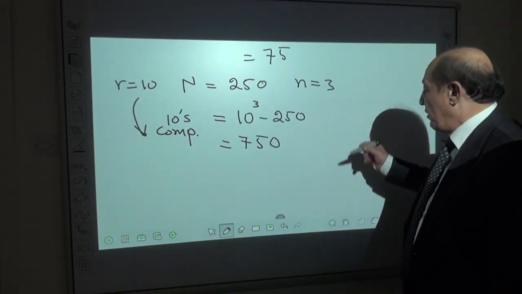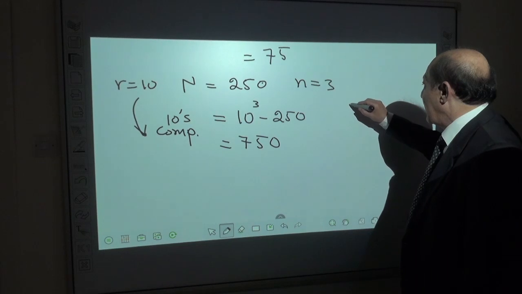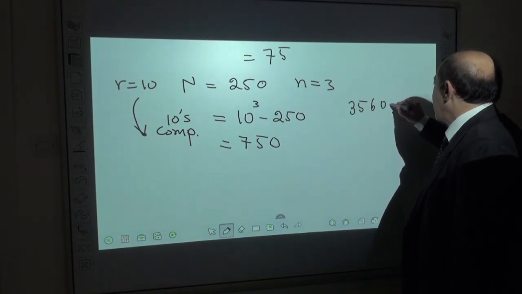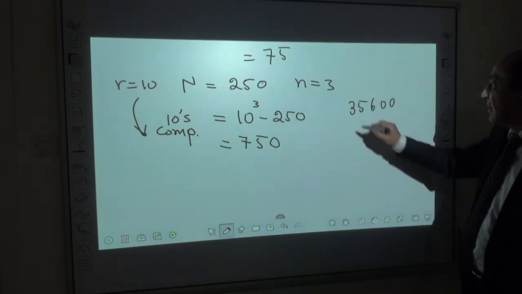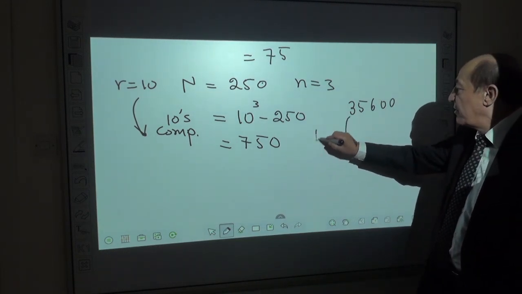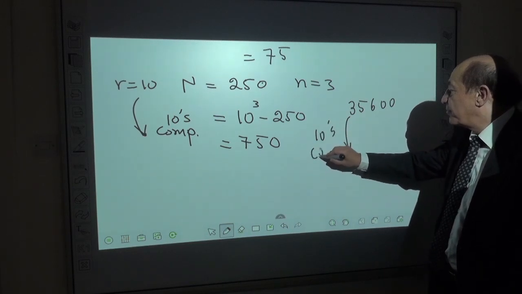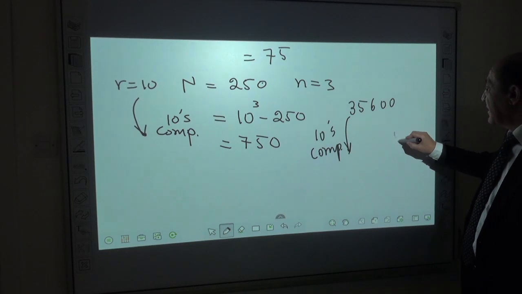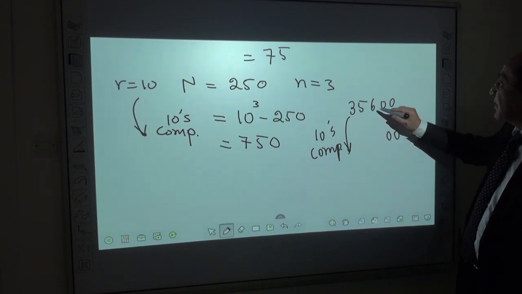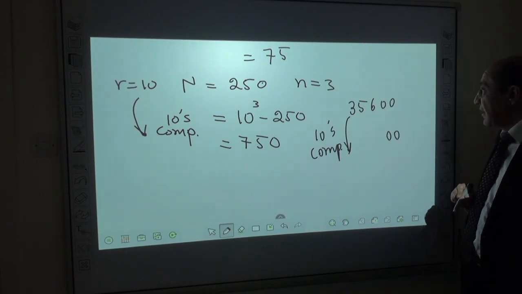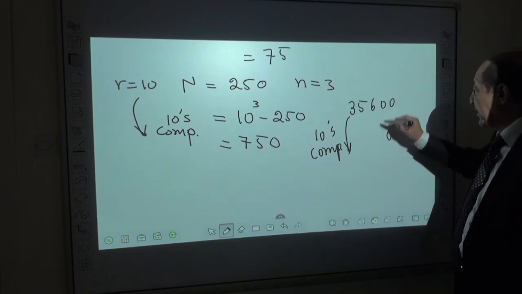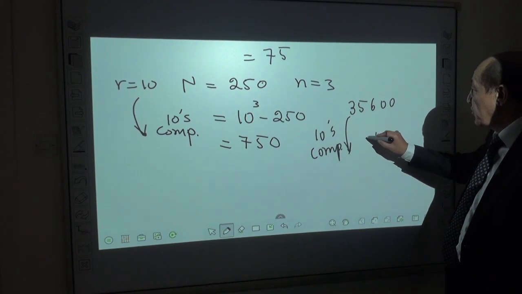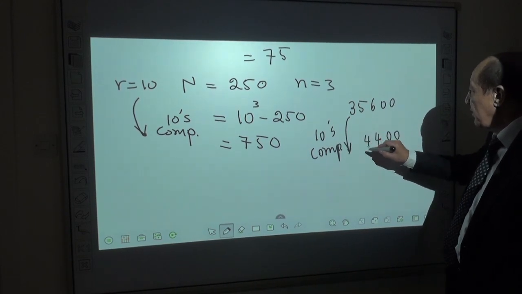For example, if we have the number 3, 5, 6, 0, 0, its 10's complement directly is equal to 0, 0. We subtract the first non-zero digit from 10, which is 4, and the others from 9, which is also 4, 6.